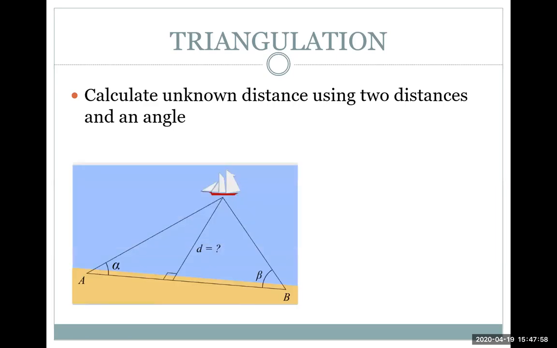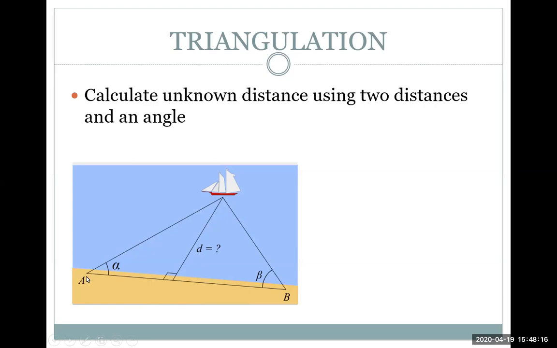In this case, if I have 2 locations, A and B, and my goal is to figure out how far away the boat is from the shoreline right here, I can use triangulation with the black lines that you see.